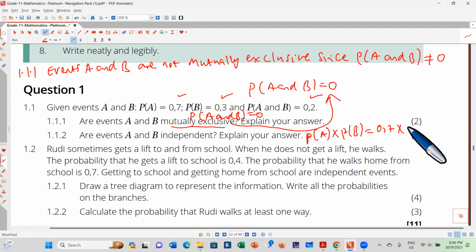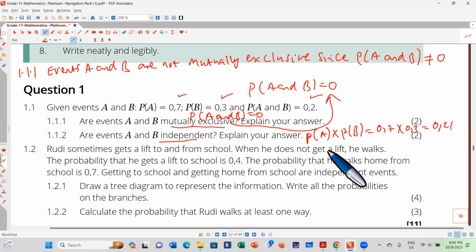The probability of B. So you multiply them. For independent events, you multiply the probability of A times the probability of B. So it's 0.7 times 0.3, and then you get 0.21.